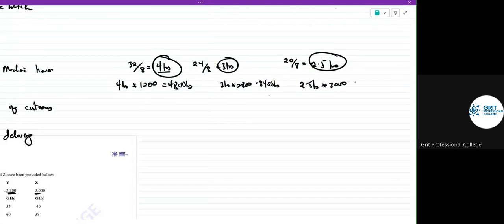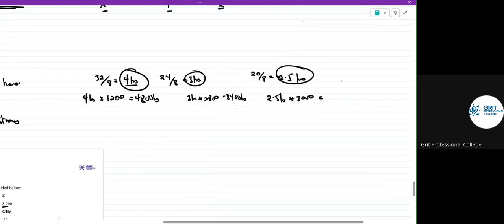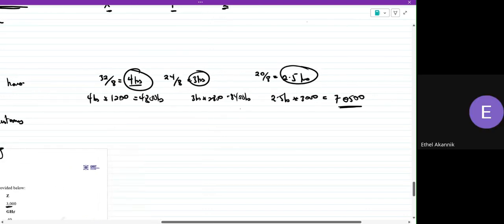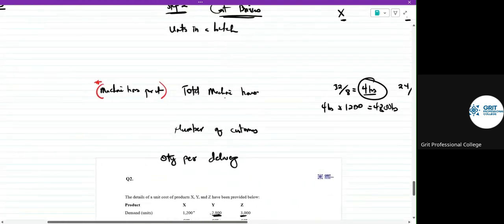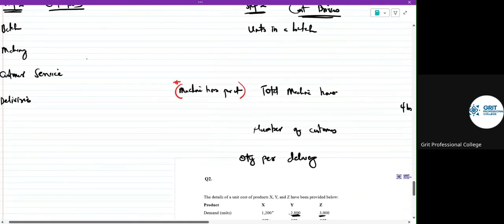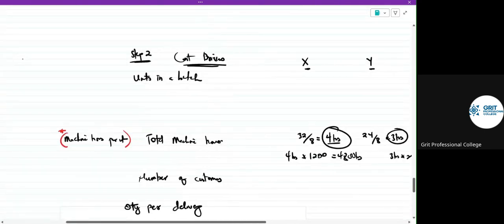So the total machine hours required will be 7,500 hours. All right. So what we've just done is to sort out the cost driver data for the machining cost pool.